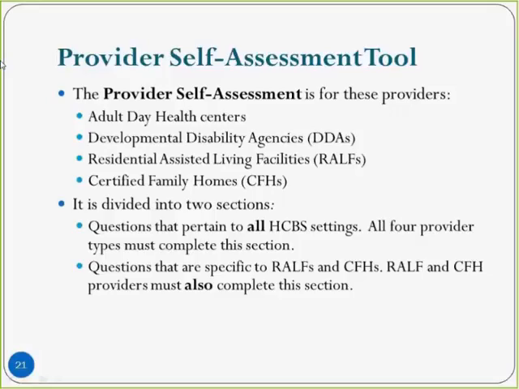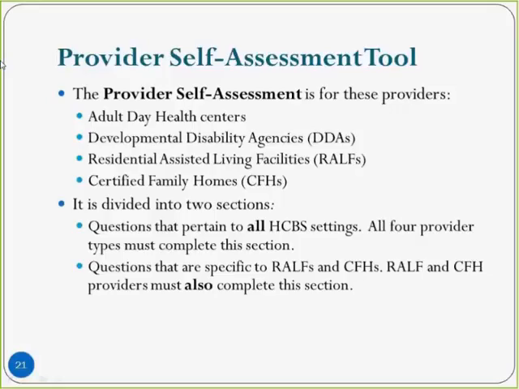This one is divided into two different sections. The questions that pertain to all HCBS settings, and on our current form, that's going to be numbers 1 through 16. All 4 of those provider types must complete this section. The next section, numbers 17 through 27, these ones are for the RALFs and certified family homes, those residential providers.